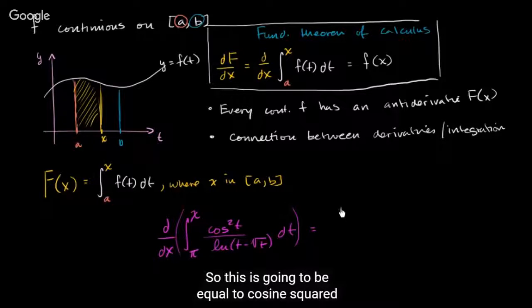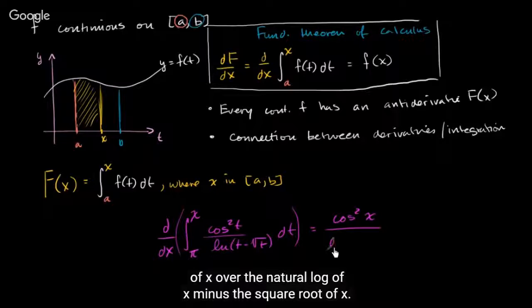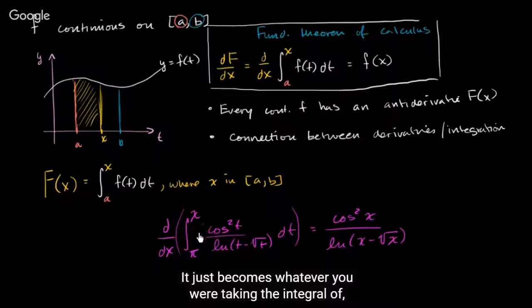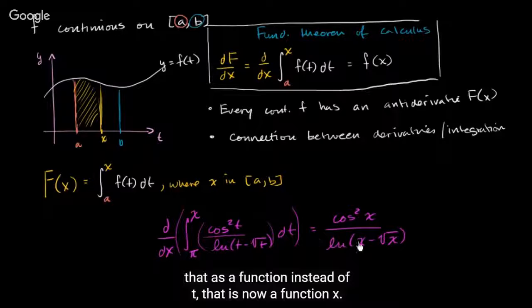So this is going to be equal to cosine squared of x over the natural log of x minus the square root of x. You take the derivative of the definite integral where the upper boundary is x, it just becomes whatever you were taking the integral of, that as a function, instead of t, is now a function of x.